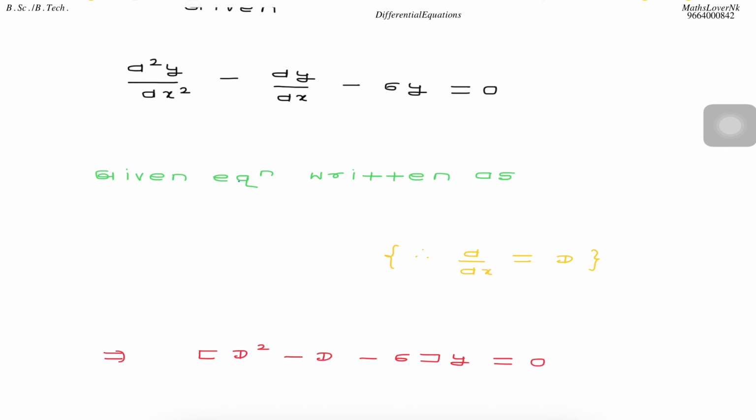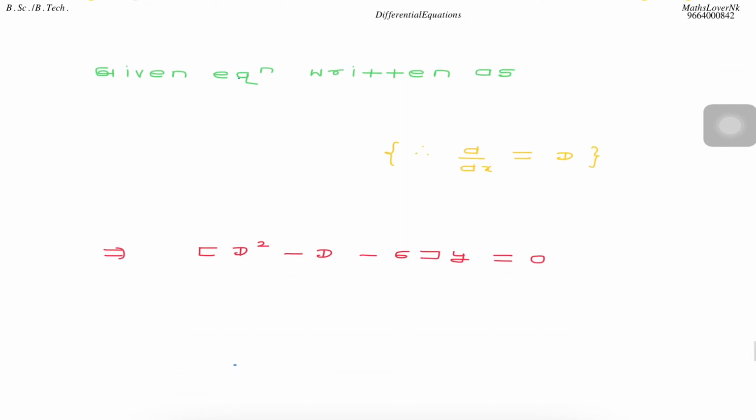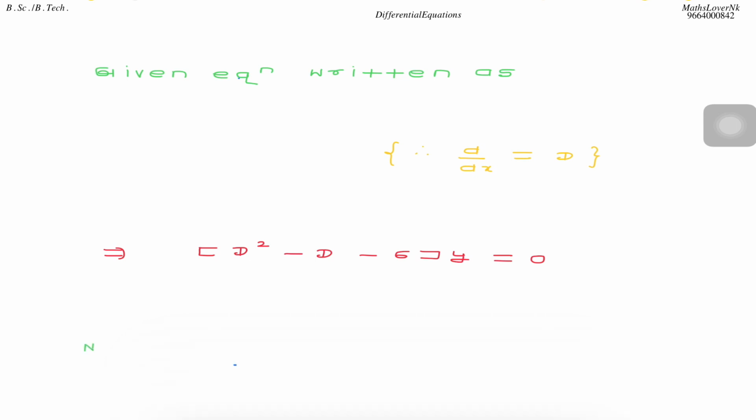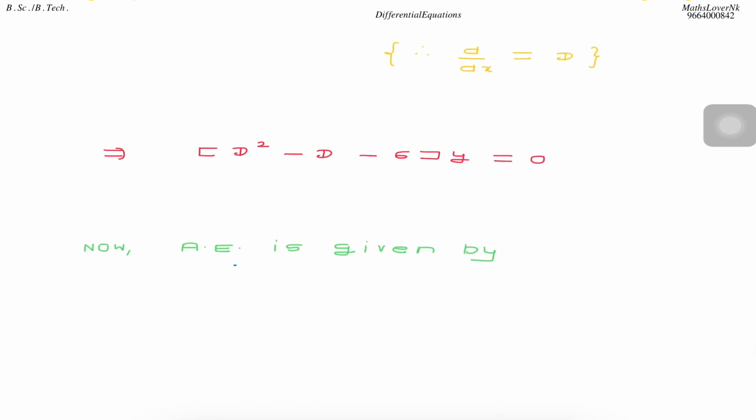Now the auxiliary equation is given by putting capital D is equal to m, equal to 0. m square minus m minus 6 is equal to 0.